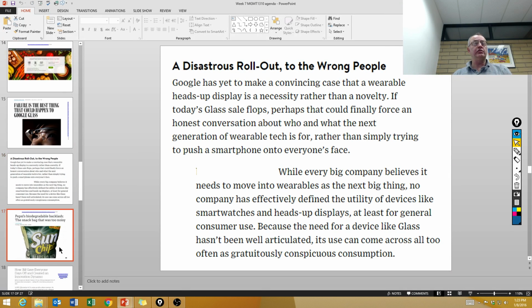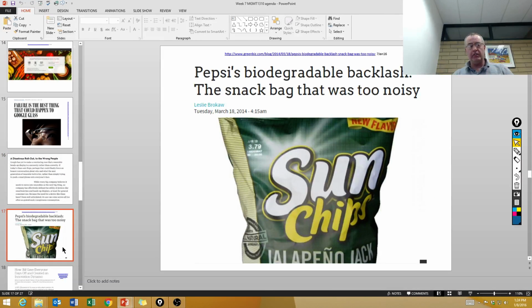Sun Chips figured there was a niche in the green, environmentally friendly market. And so they came up with a bag for their chips that was 100% biodegradable. So Pepsi thought, geez, we've got a real winner here. We're going to sell this junk food in these biodegradable bags, and all the greenies, all the tree huggers, will buy these chips because we have biodegradable bags.